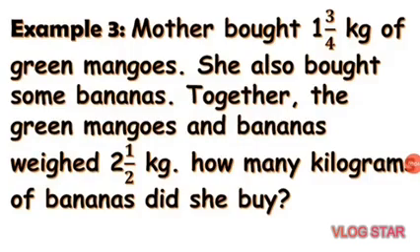Mother bought 1 3/4 kilogram of green mangoes. She also bought some bananas. Together, the green mangoes and bananas weighed 2 1/2 kilogram. How many kilograms of bananas did she buy?